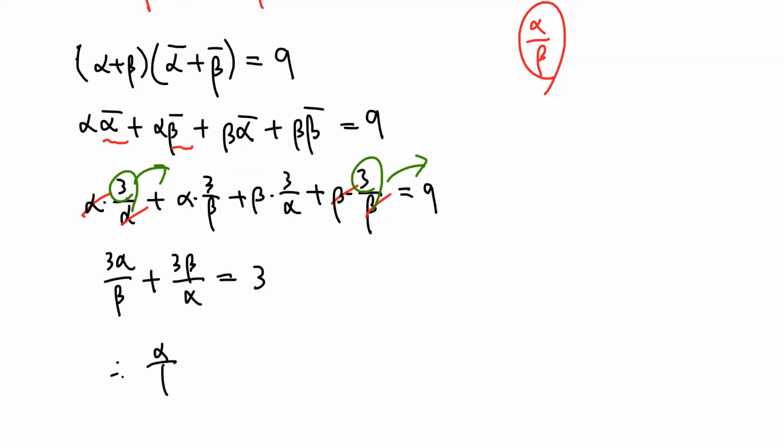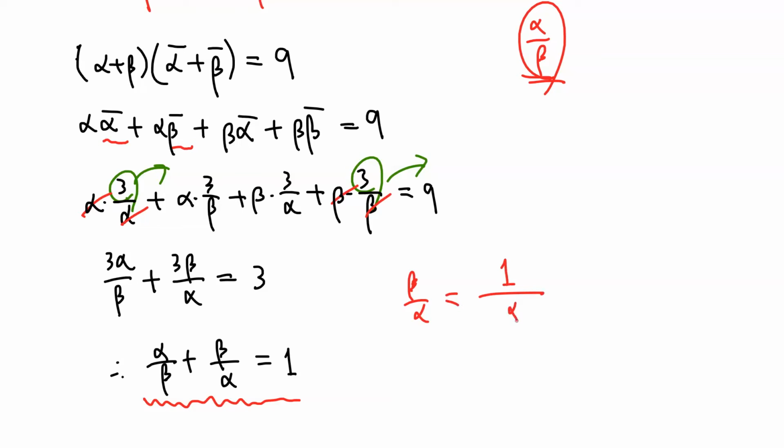Therefore, alpha over beta plus beta over alpha equals 1. So this is essentially the equation for alpha over beta, because beta over alpha is simply the reciprocal of alpha over beta. Still, to simplify a bit, let us make a substitution.